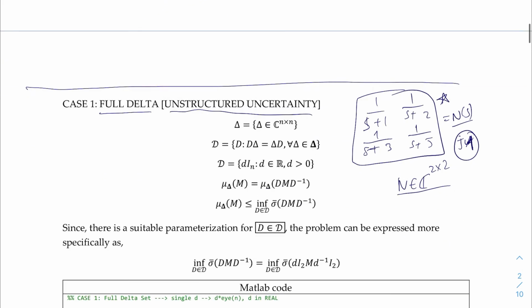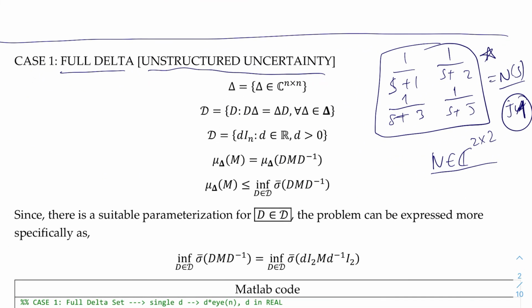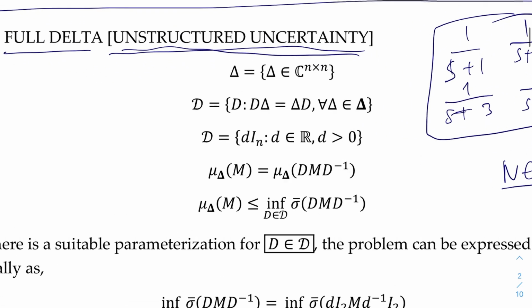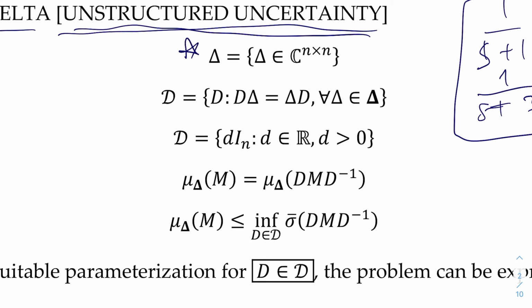Now we are going to compute its SSV, the structured singular value, for the unstructured uncertainty case. Here this is delta, and this is our D set, where the entries of D commute with the entries of all elements of delta.